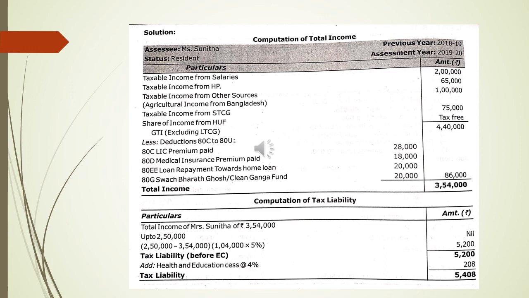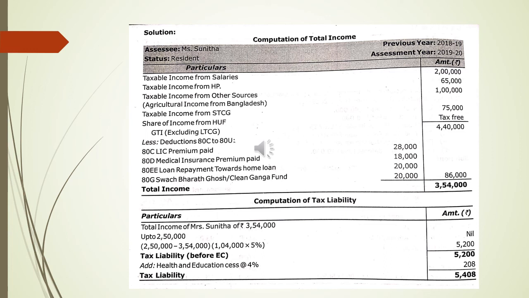Loan repayment towards home loan installment under 80EE, you can claim 20,000. Contribution towards Swachh Bharat Kosh under 80G donations, 100% is eligible for deduction, so 20,000. After deducting the total deductions, your total income stands at 3,54,000.